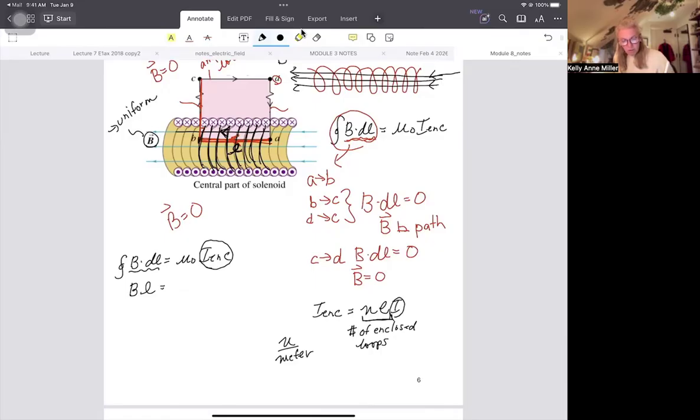So this is going to equal mu naught times NLI. And then I just solve for B, right? So B is mu naught NLI divided by L. That cancels with that. So that's how I get mu naught NI.